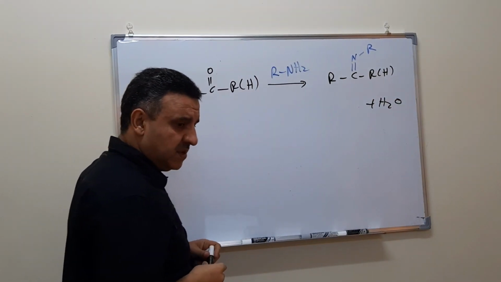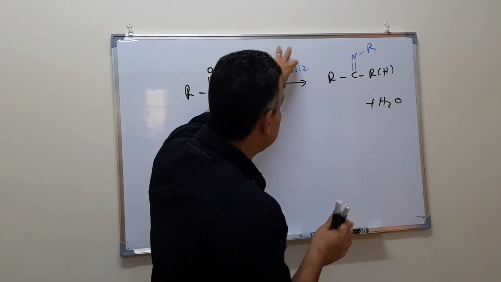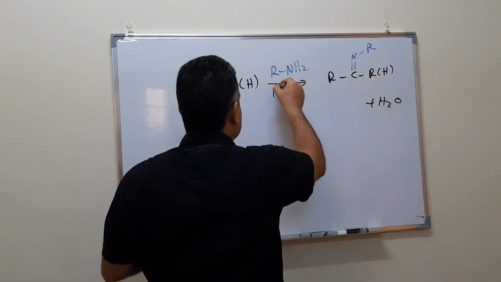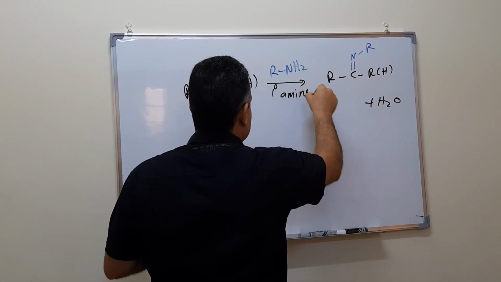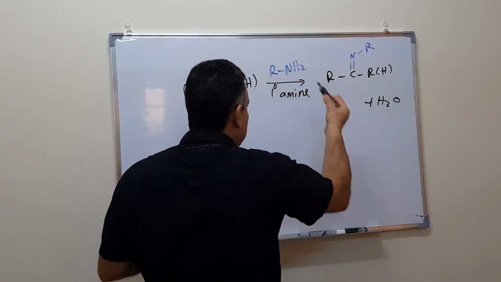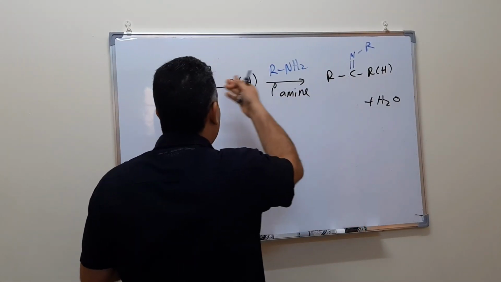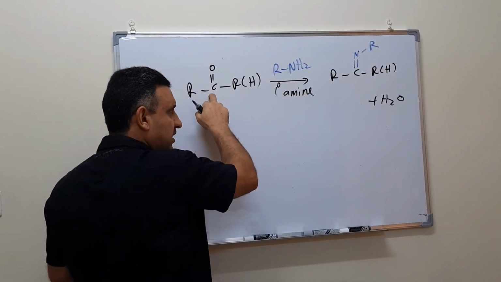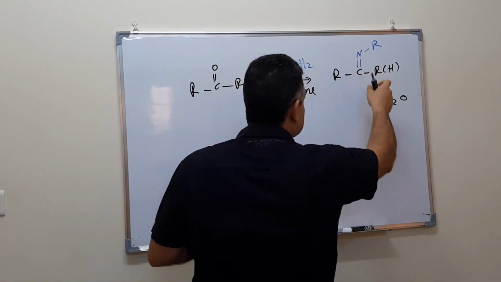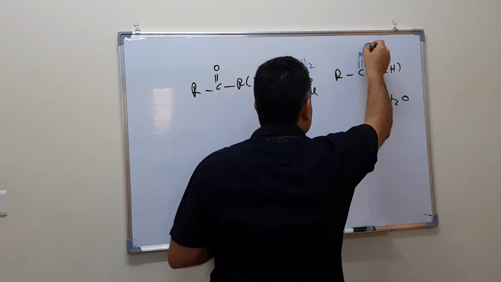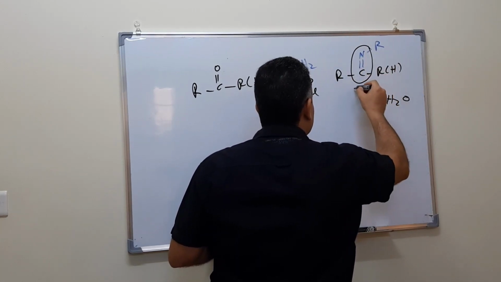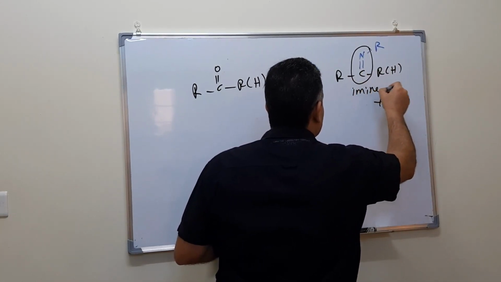Can you see it? So, in principle, any primary amine, which means any NH2 attached to anything, will react with the carbonyl in the aldehyde and ketone to form this new type of bond. This bond here, the C=N bond, we call it imine bond.